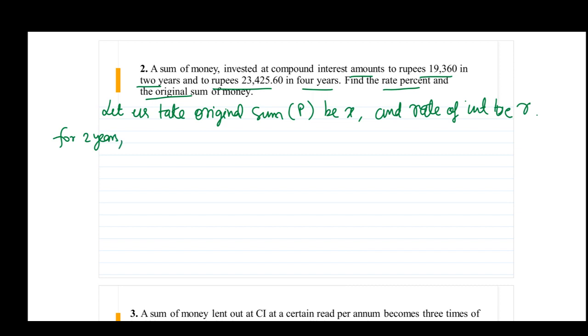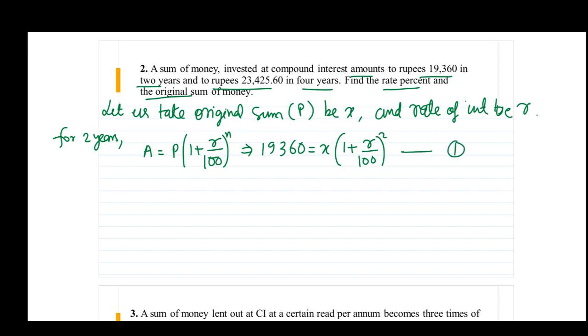For 2 years, if we apply, the amount is x times (1 plus R over 100) to the power n. It means A is given, 19,360 is equal to x times (1 plus R over 100) to the power 2.